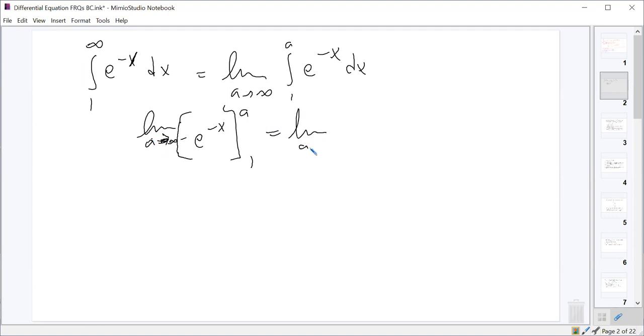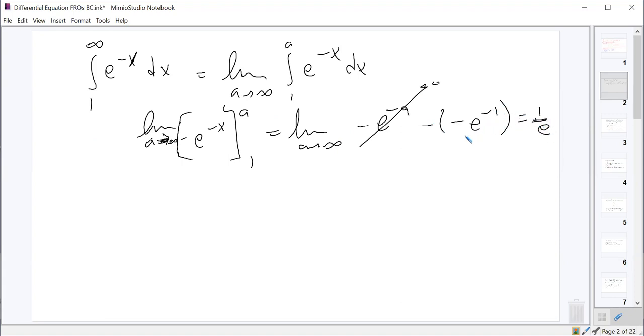So we've got the limit as a approaches infinity of negative e to the negative a minus negative e to the negative 1. And as a goes towards infinity, negative e to the negative a is 0. Negative, negative e to the negative 1 is just a positive e to the negative 1. So that's just 1 over e.